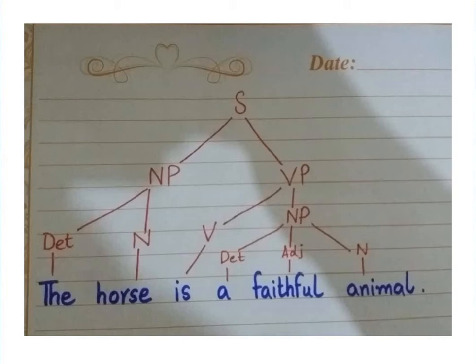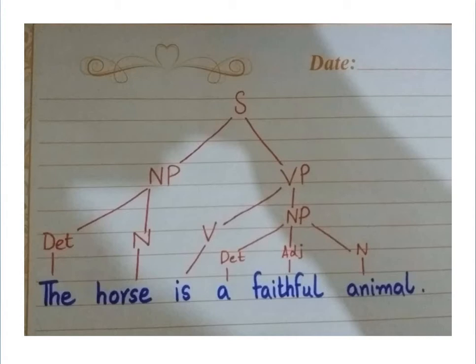And if we look from the top-to-bottom approach, we simply divide the sentence into parts until they cannot be further divided: sentence into noun phrase and verb phrase. Noun phrase, which type? Determiner and noun. Verb phrase, what parts does it contain? The verb, and again the noun phrase. So we have to keep making the branches until we have reached the minimal meaningful unit.